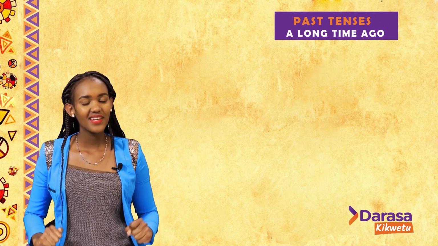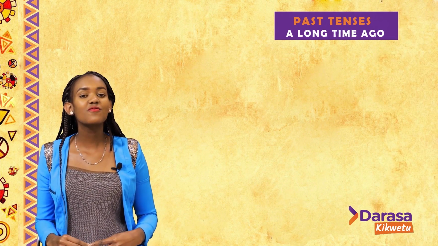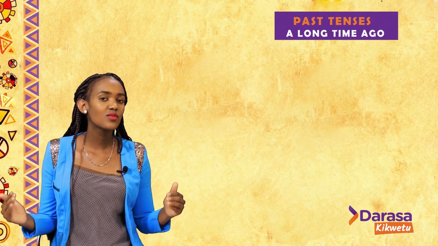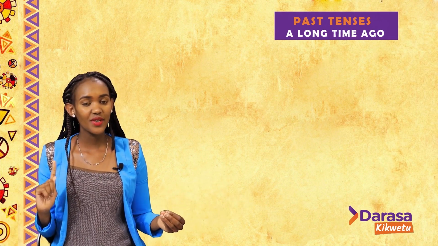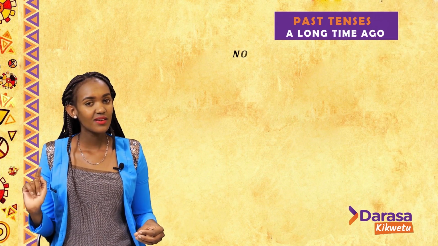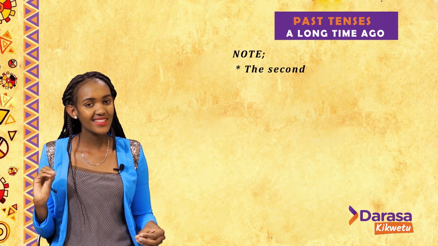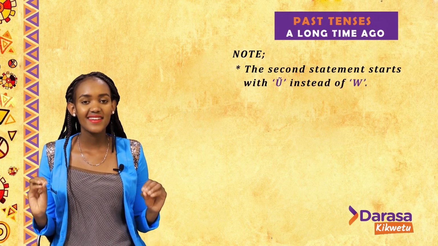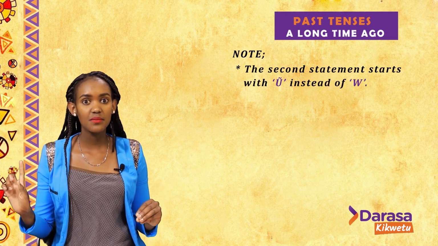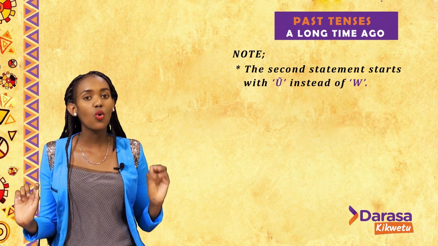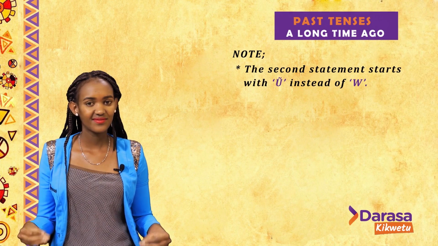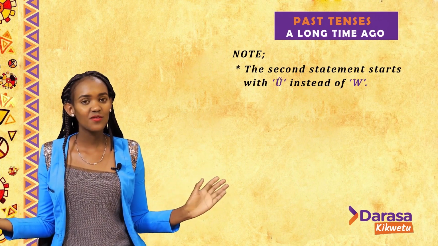Okay, so instead of now repeating wekire, you did, wekire, we can say the second statement, which starts with a verb. Now instead of starting with W, we start with O, and then it ends with any vowel.